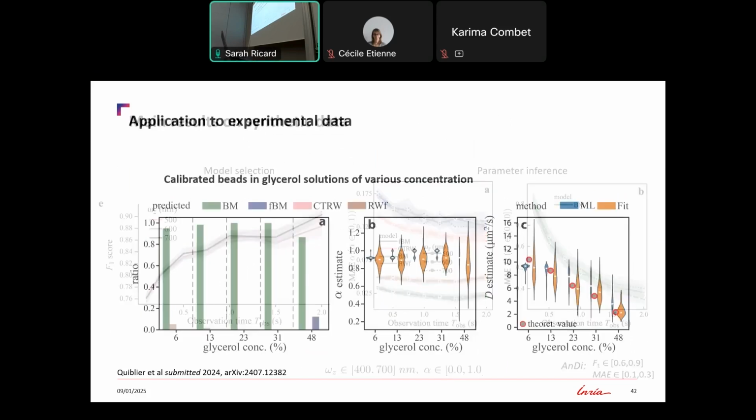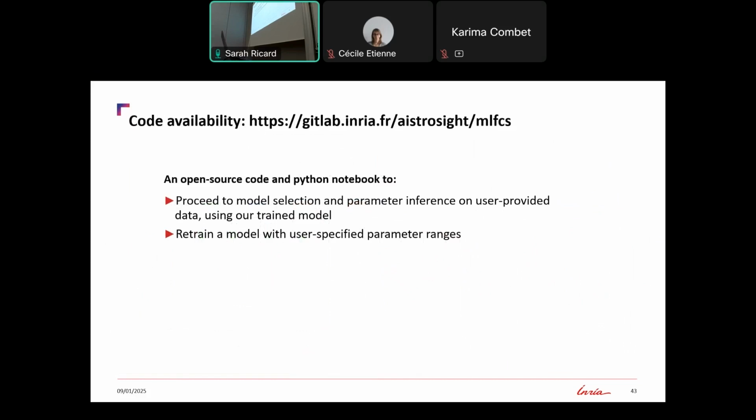And that's what we did. We have an open source Python notebook that I hope can be used by biologists, so that they can either use our trained model, input their data and do the model selection and parameter inference, or they can even retrain a model with their specific parameters and do it better.